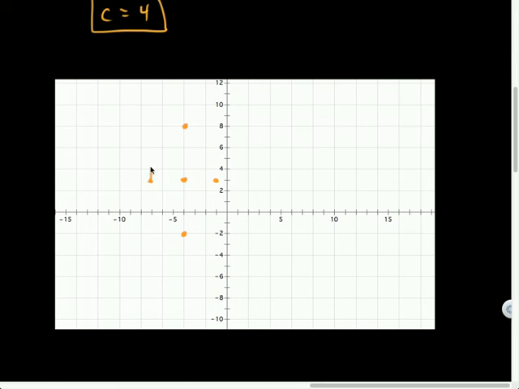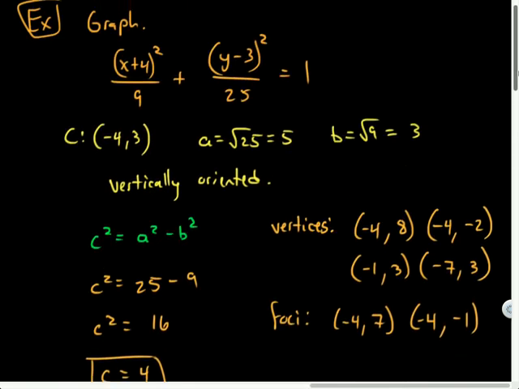And I can actually draw my ellipse kind of one quadrant at a time, like so. And the foci, because I should actually list where they are going to be 4 units up. So that happens to be right there, and 4 units down, which happens to be right there. So there's a sketch of my ellipse based off of this graph.